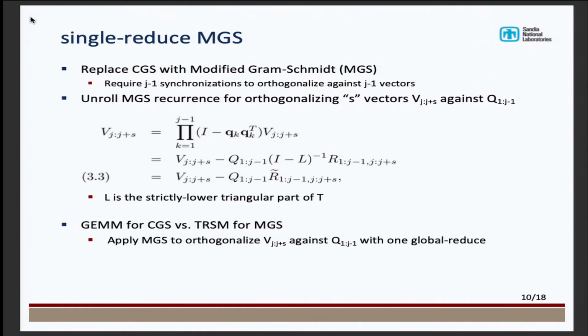But again, we can unroll this MGS recurrence to obtain this formula here. So now we have this small triangular solve that we need to apply to update this R matrix. By doing this, we can again apply this modified Gram-Schmidt with just a single global reduce.